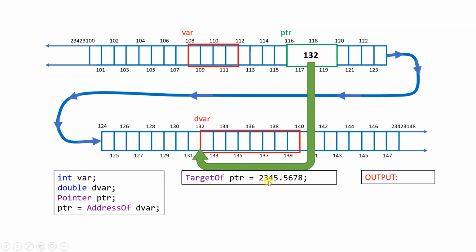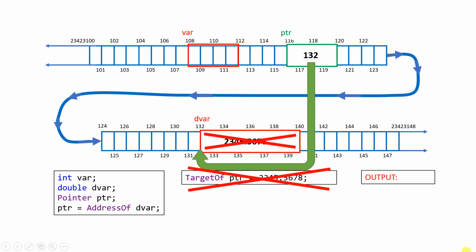This time I'm putting something bigger that takes 8 bytes. How is PTR supposed to know the size of the target? There is nothing in here that indicates what PTR is pointing to, right? So it's flawed. It's not going to work out. Our design sucks at the moment. We have to fix it.